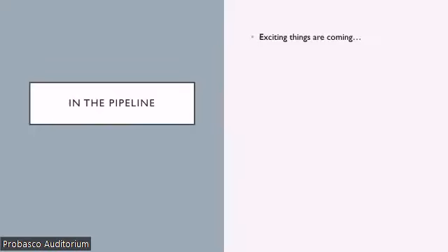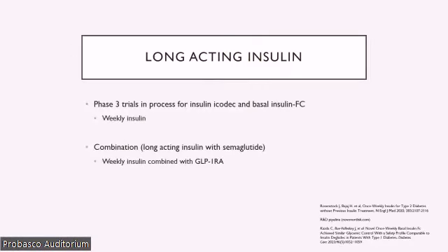So real quickly, talk about a few things that are coming. Long-acting insulin. So there are 2 insulins in trials, insulin icodec and basal insulin Fc, and these are weekly insulins. So what you will see is that they are going to be in combination with a weekly GLP and a weekly insulin.